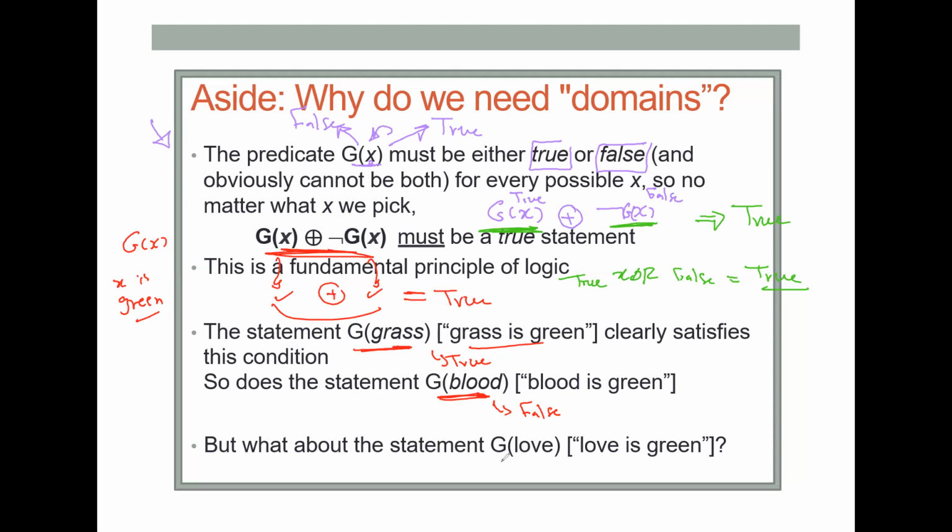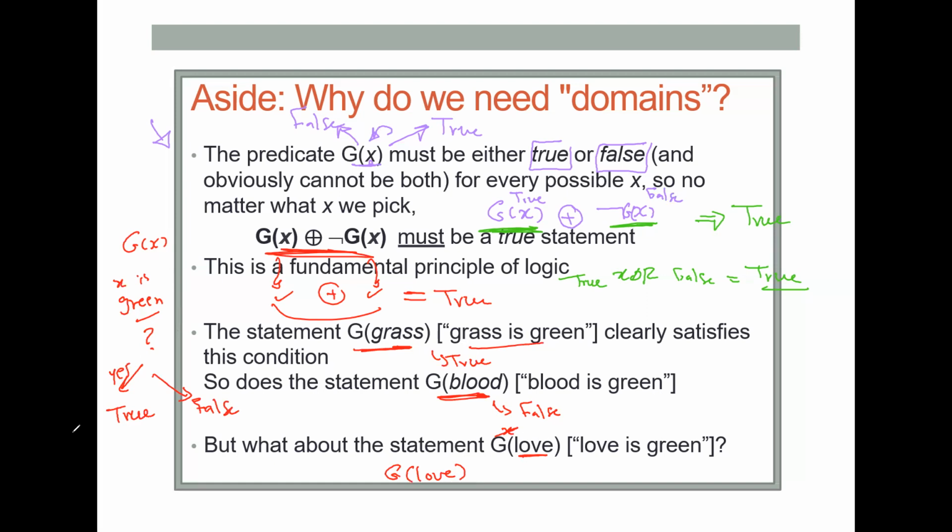What if we substitute for X with a value equal to love? What is G of love? G of X means: is X green? If the answer is yes, its value would be true. If no, its value would be false.